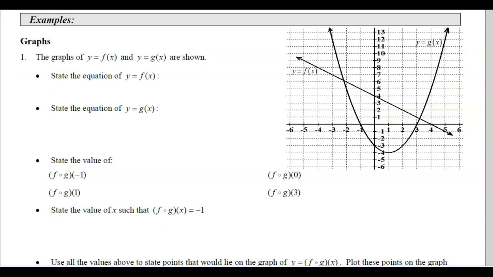Okay, so first thing, this is such good review of linear functions and quadratics. So state the equation of f of x and then of g of x. Doesn't matter what form for g of x, you could put it in factored form or you can put it in vertex form. Totally up to you.